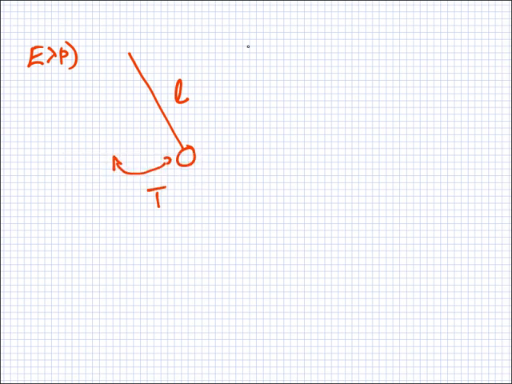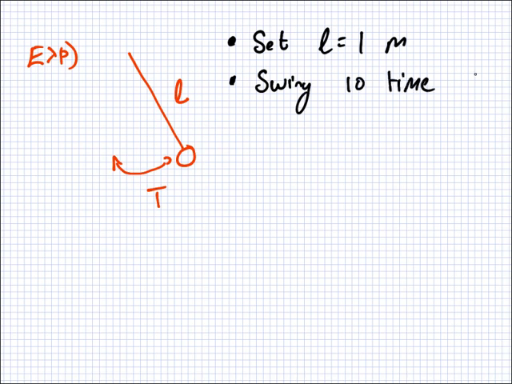Firstly you would set L equal to say 1 meter. Then you would swing it back and forth 10 times, and this gives you T10. And then you get t by just taking T10 and dividing by 10.